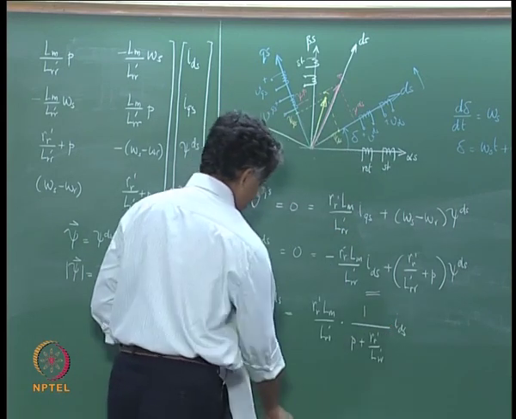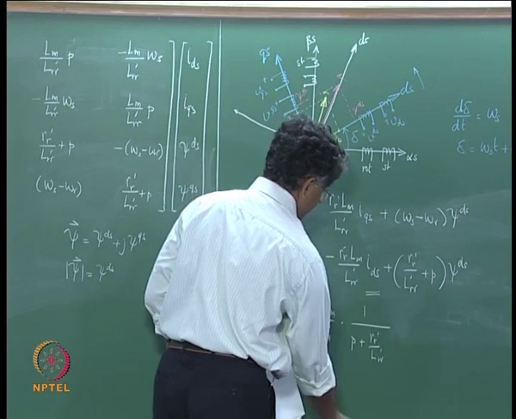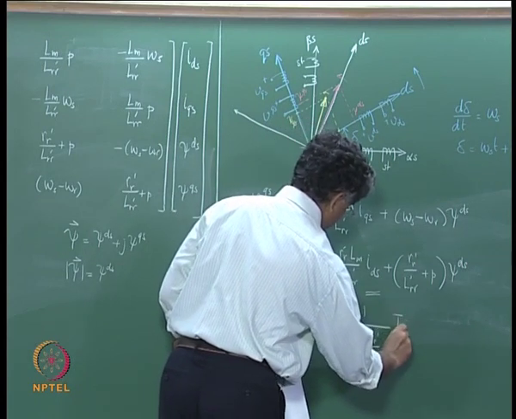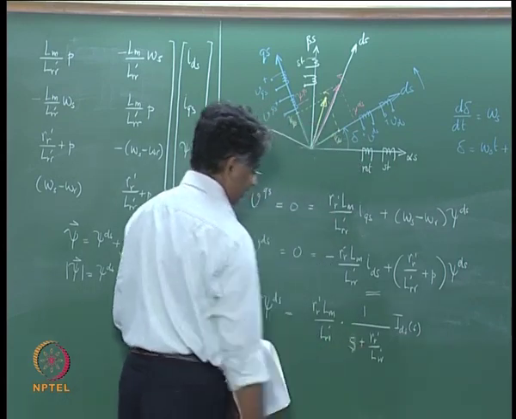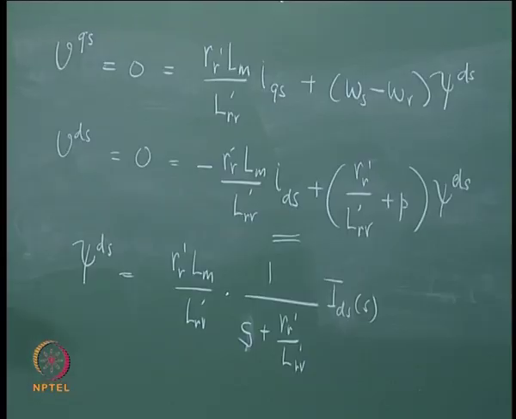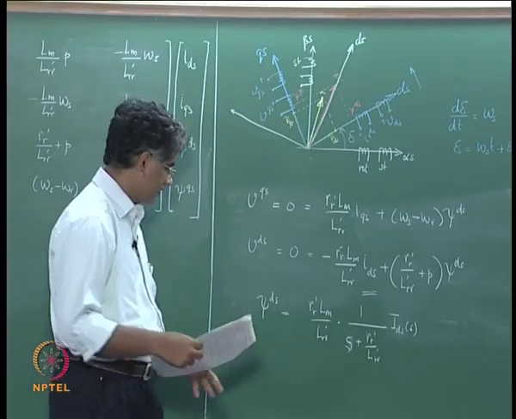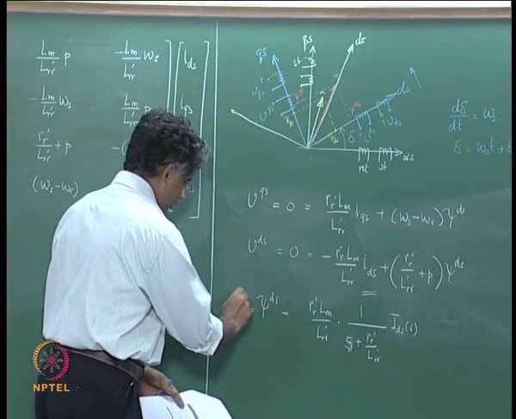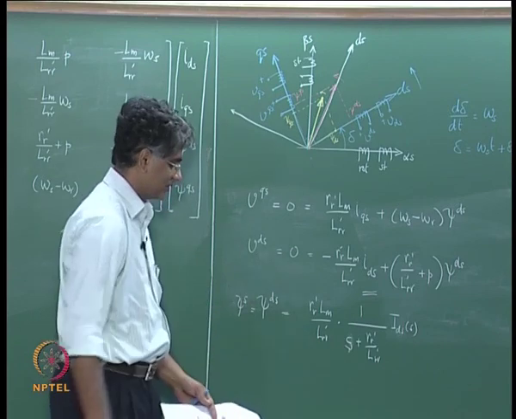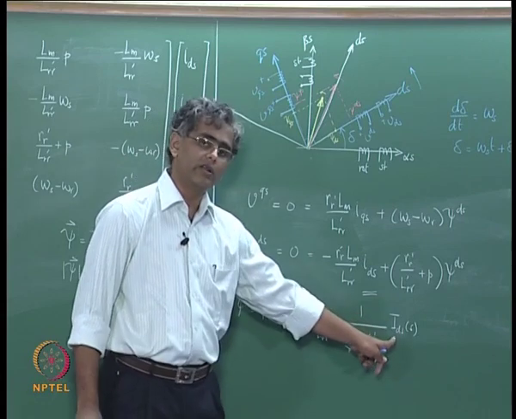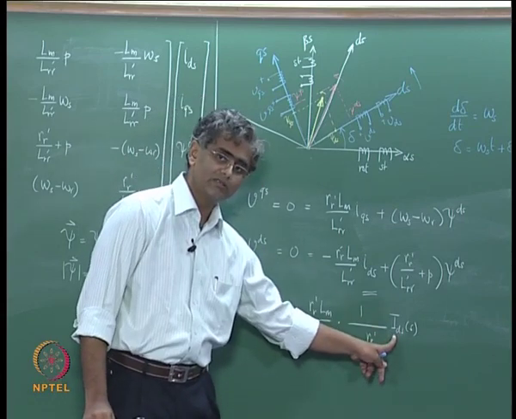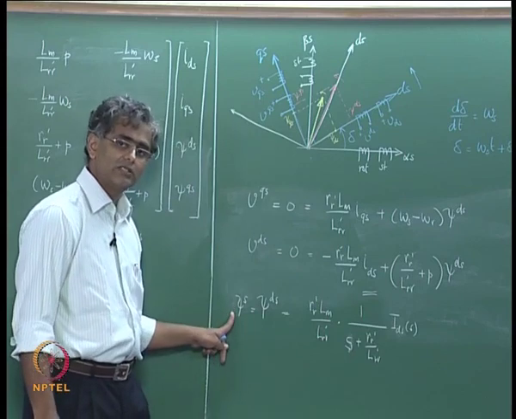In terms of the Laplace variables, P can be written as S, the Laplace variable. Now you see that the flux vector psi ds, oriented along the reference frame, is nothing but the rotor flux vector itself, which is straight away dependent on IDS. If you control IDS, you determine what psi is.